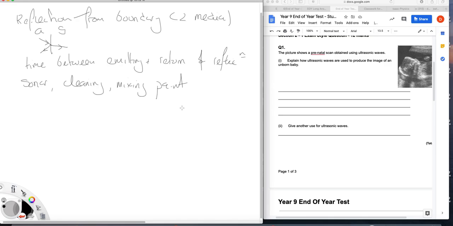Welding plastic, motion sensors, and these are the ones that I have told you about particularly, and possibly that one. So that's question 1, 1 and 2.